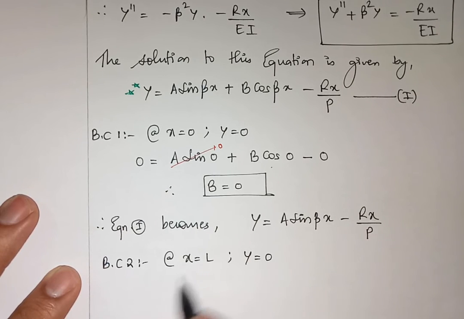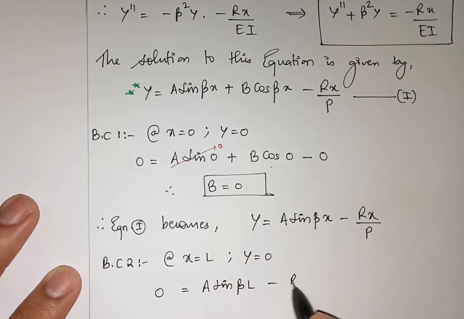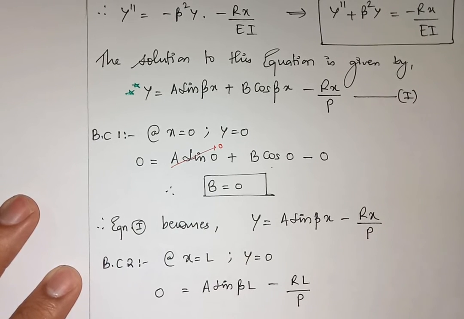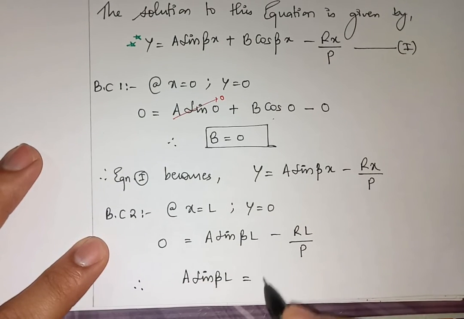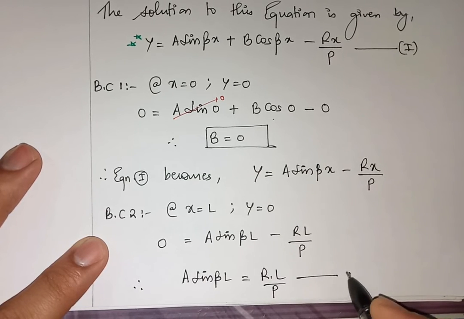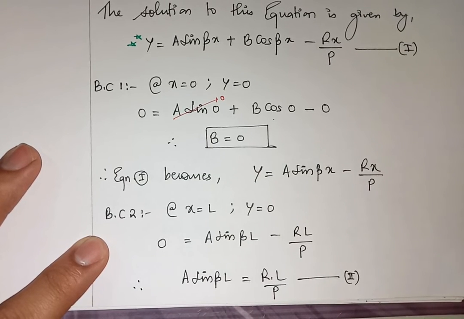So in this equation, y is 0, a sin beta L minus r into L divided by p. Therefore, a sin beta L is equal to r into L divided by p. This you take as equation number 2.